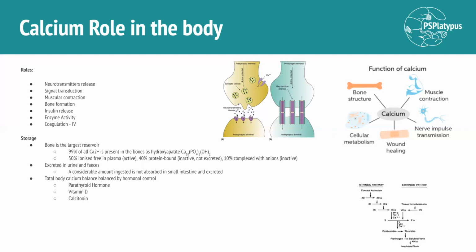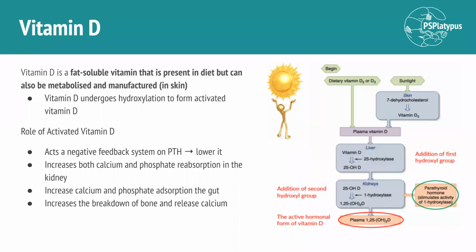In terms of calcium balance and its control, it is regulated by three key hormones, which are parathyroid hormone, vitamin D, and calcitonin. So first up, we have vitamin D. Vitamin D is a fat-soluble vitamin that is present in the diet, but can also be metabolized and manufactured in the skin. And this is why with patients, there are two choices for them.